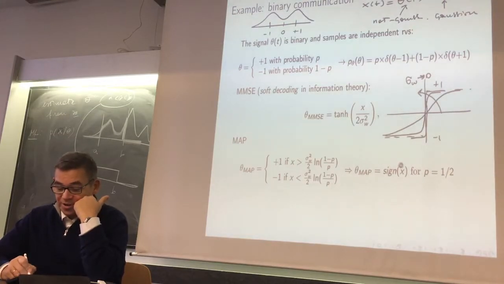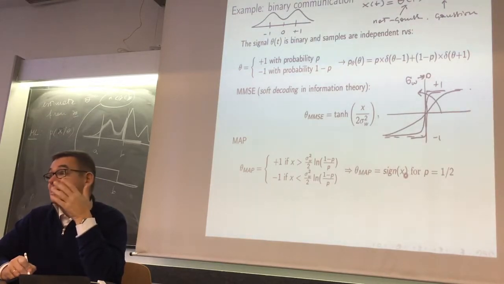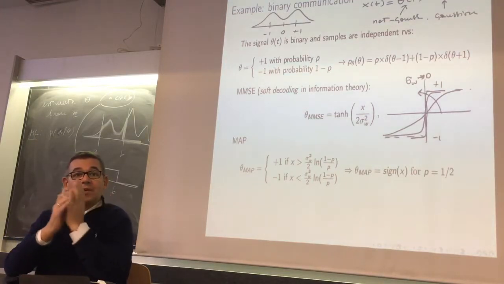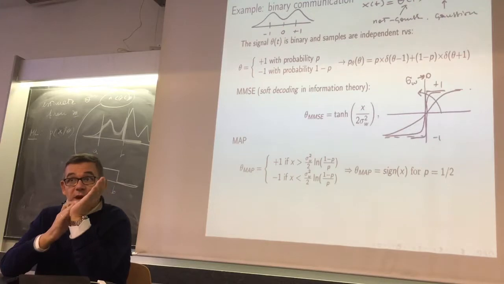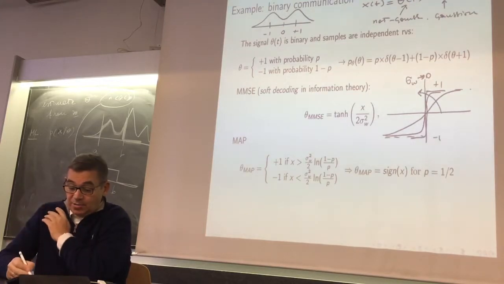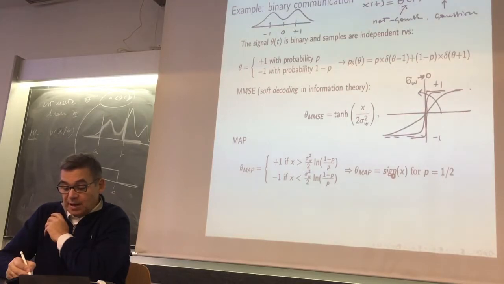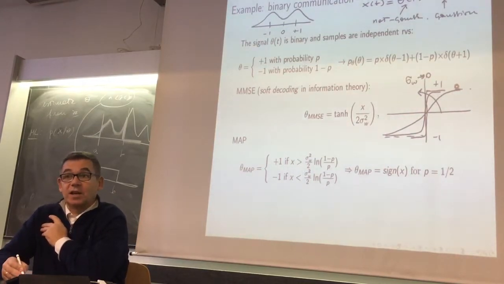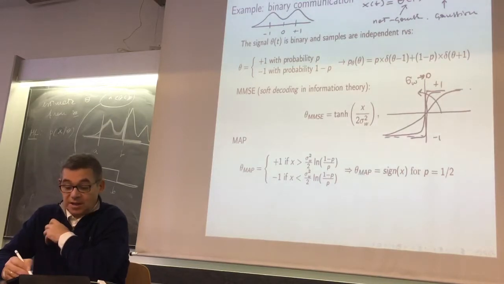This is the most conventional way to make a decision, because I have a binary variable, plus 1 and minus 1, and then I need to decide what is the value. Now, the maximum a posteriori is a sign, and the MMSE is a smoothed sign, if you like, which is given by the hyperbolic tangent.